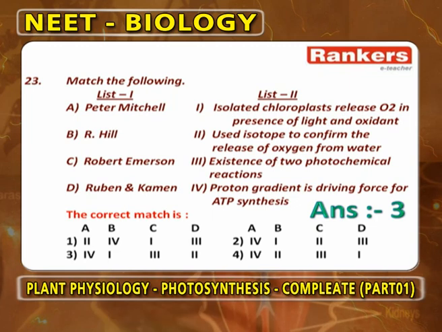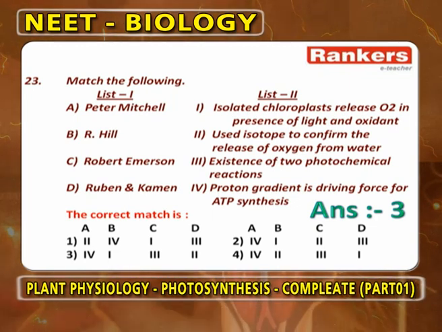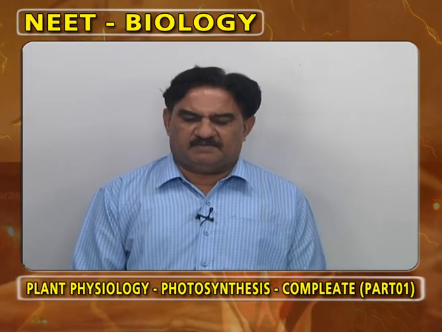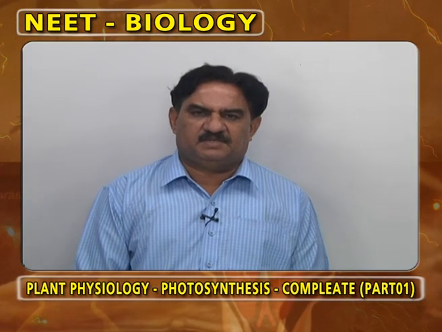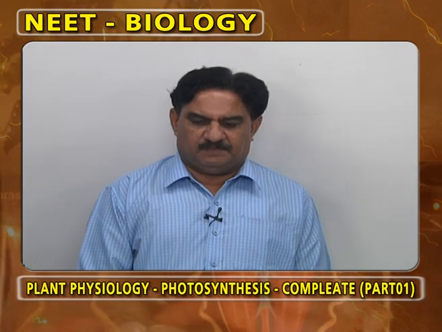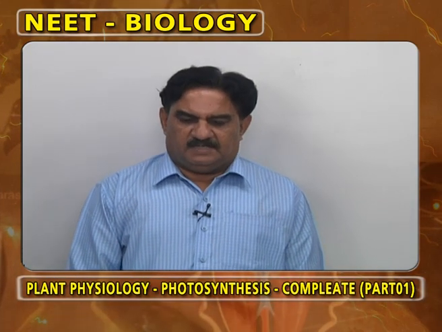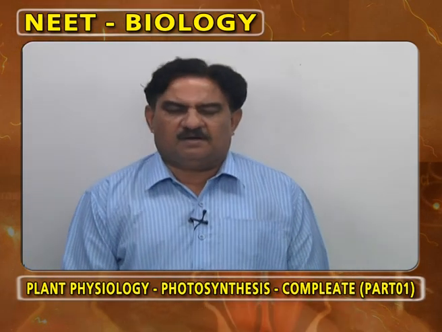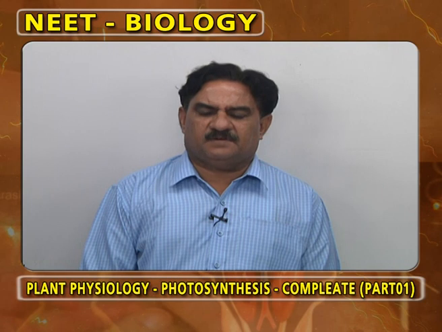This is a matching: Peter Mitchell, Robert Hill, Robert Emerson, Rubin and Kamen. Peter Mitchell is 4. Proton gradient is the driving force for ATP synthesis, the chemiosmotic theory proposed by Peter Mitchell. Robert Hill: isolated chloroplasts release oxygen in the presence of light and an oxidant, but absence of carbon dioxide.